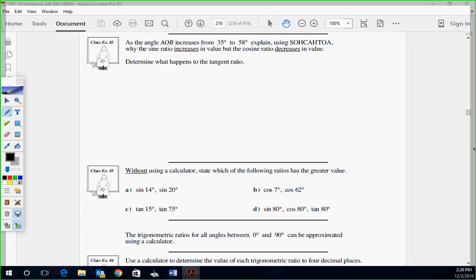So we talked about this. The sine ratio is opposite over hypotenuse. As the opposite side increases, the adjacent decreases, right?